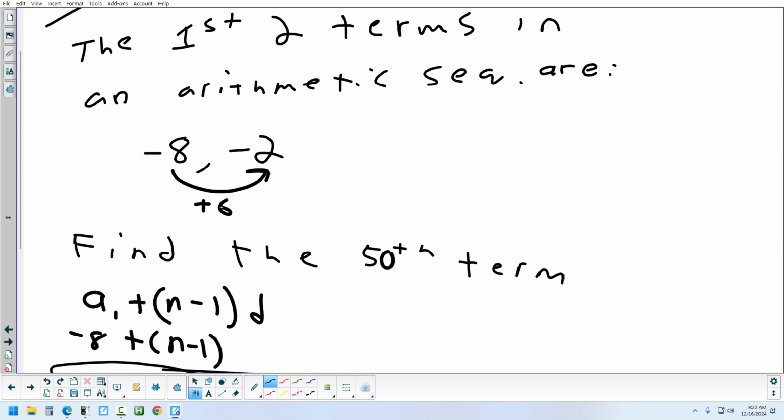Yeah. If it's an arithmetic sequence, the pattern is going to be addition. Okay, you might say, well, it could be times 1/4. Not if it's arithmetic. No. If it's arithmetic, it has to be adding or subtracting. And it is a plus 6.